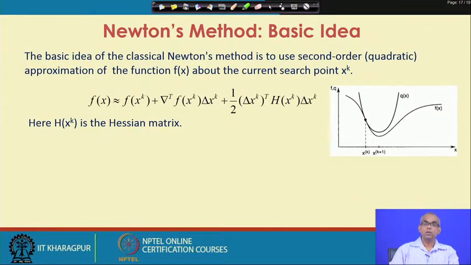If you look at the figure, this is the function f x, this is the point x k, and about the point x k, I approximate the objective function f x by a quadratic function q x.